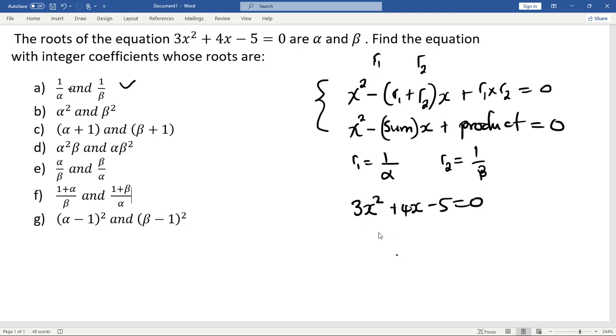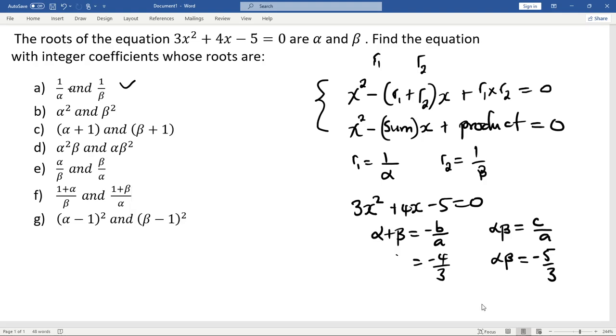We need to know that the sum of the two roots is simply equal to negative b over a, and the product of the two roots is simply equal to c over a. So the sum is going to be negative 4 over 3, and the product is going to be negative 5 over 3.